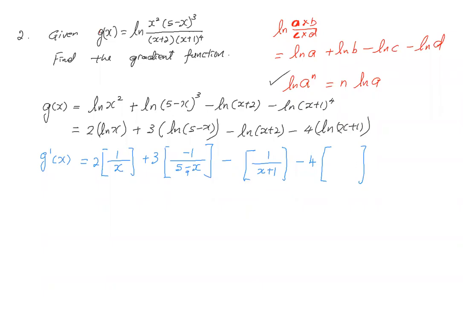Kevin? 1 over x plus 1. Yeah. You see, class? That is for natural log. You don't have to make it to one single fraction because this is too many already, okay? Wait, this is x plus 2. Oh, yeah, x plus 2. I realize it.